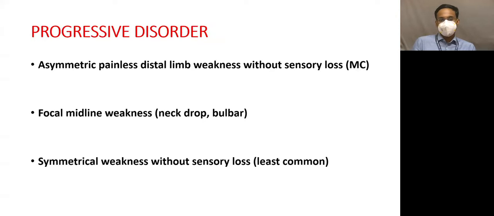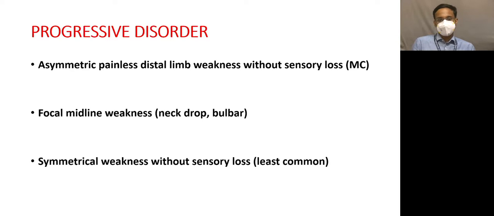There are three common patterns that we see, of which the first two are the most common in clinical practice. The most common presentation is the limb weakness presentation, or the limb onset phenotype, where they come with asymmetry, and it is painless, and they gradually develop distal weakness of the limbs, historically and clinically without any sensory loss.